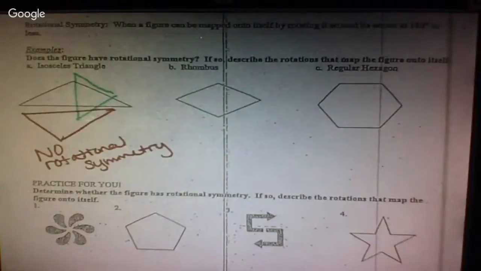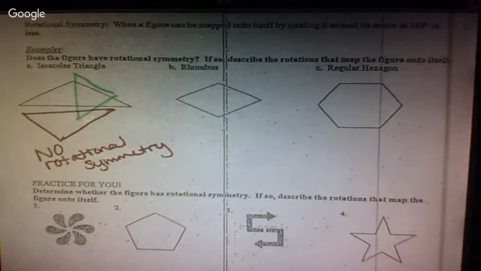It's a rhombus. What's a rhombus? It's like a diamond, but squished. It's like a square that's been slanted. Is there a way for me to rotate a rhombus so it lands and looks exactly like it does right now in 180 degrees or less? 180 exactly.